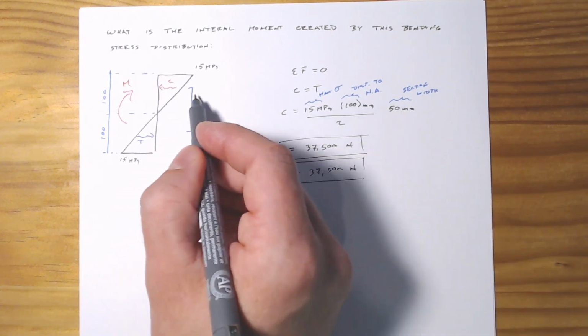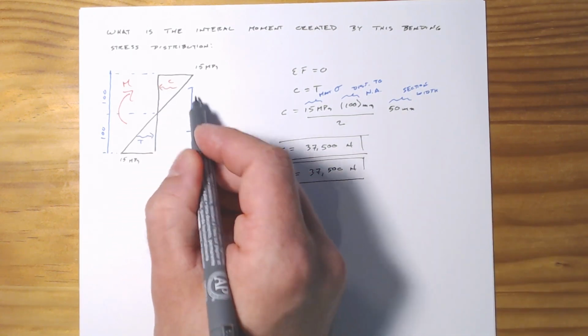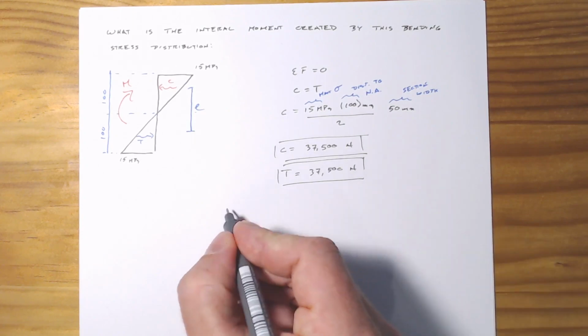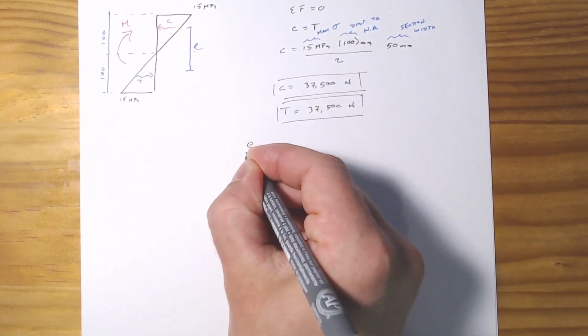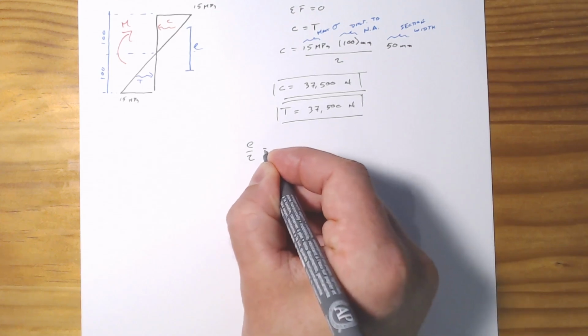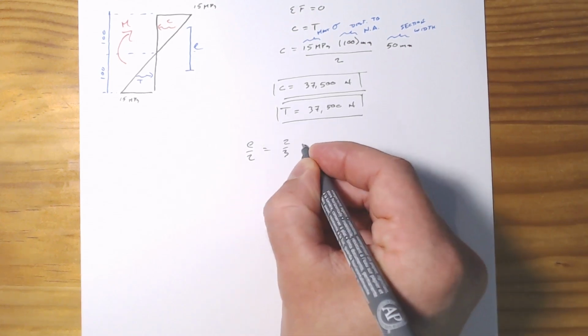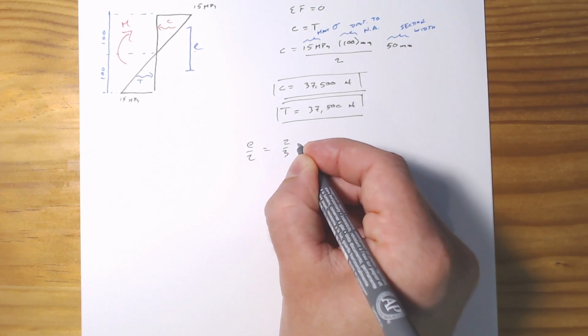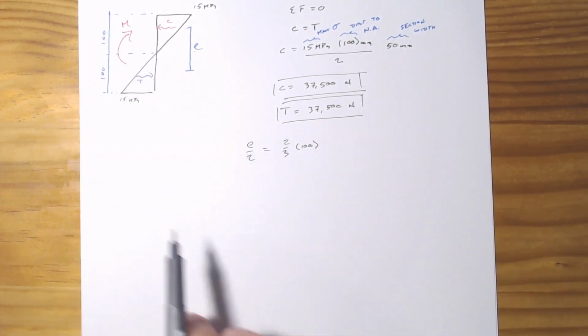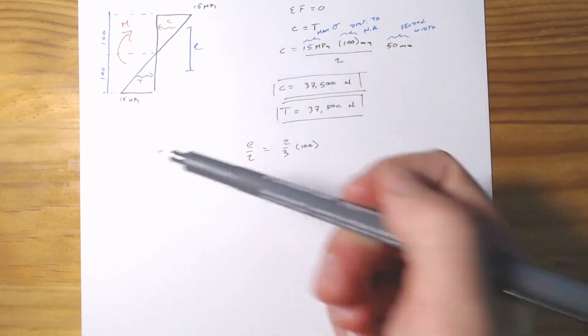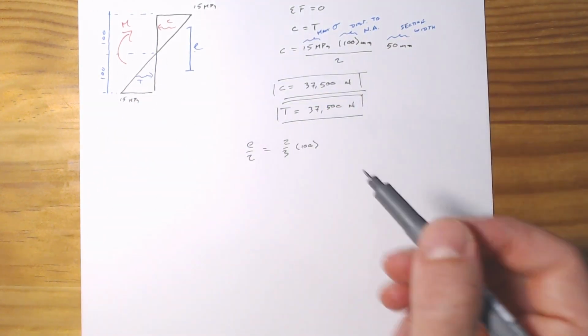And so if E is split halfway between these two, we know that E over 2 is simply going to be 2/3 times 100 millimeters. So again, 2/3 of this distance across there, just working out resultant forces and centroids of triangles.